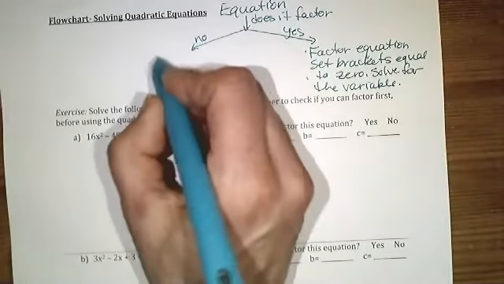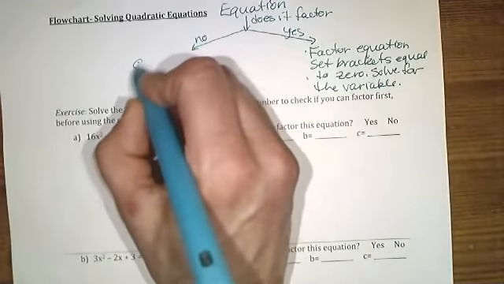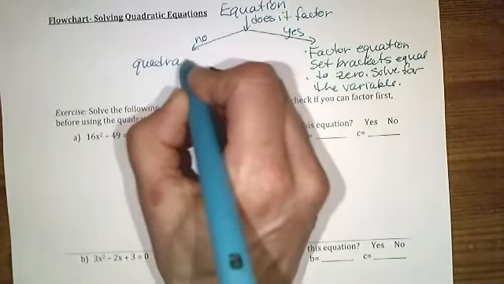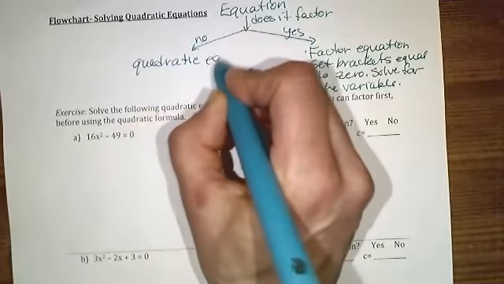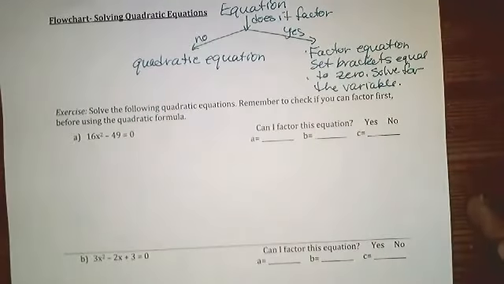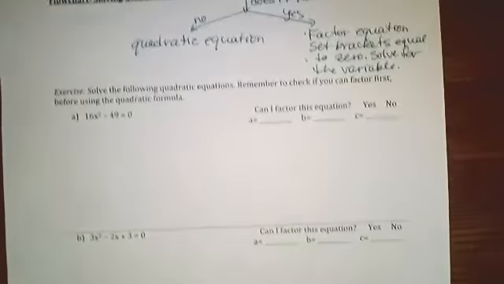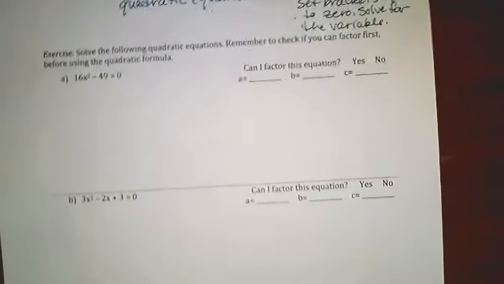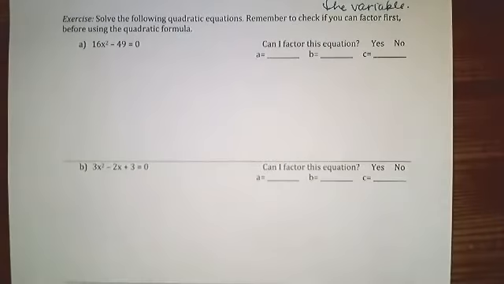If it doesn't factor, then we're just going to use the quadratic equation. So the first thing you're going to see is, does it factor, yes or no? And then the next thing is which method are you going to use and how do you solve using that method? So once again, if you're feeling confident in this, please try these on your own and then just come back and check in with the video.